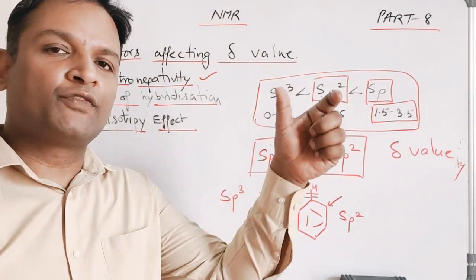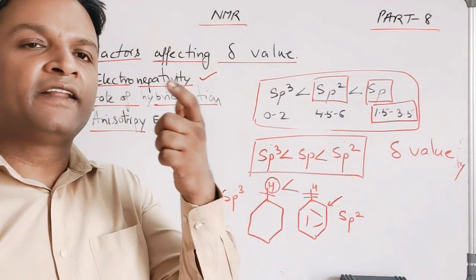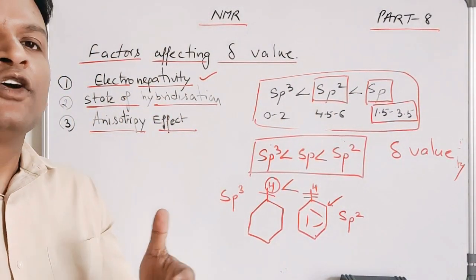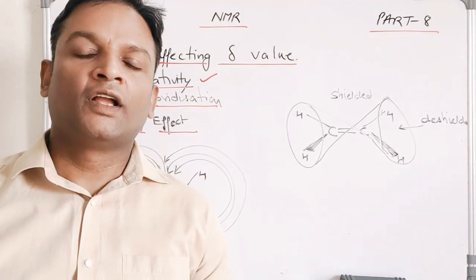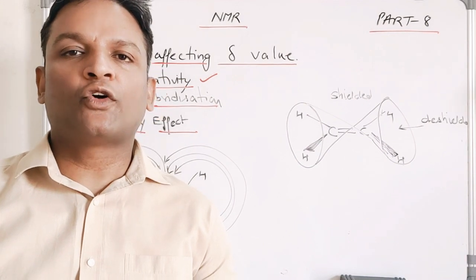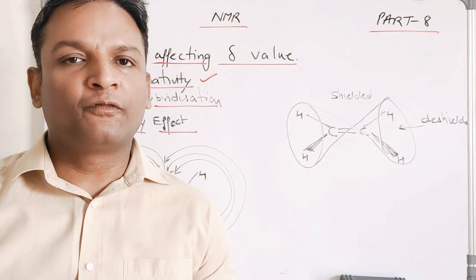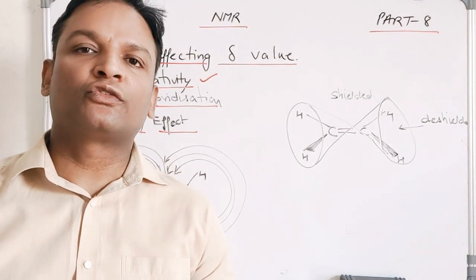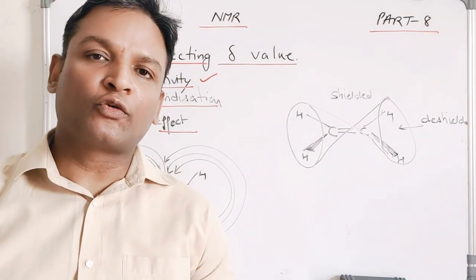But why it is showing a higher value can be explained not only by the state of hybridization. One factor is the state of hybridization which explains their order. The other factor is the anisotropic effect, which I will explain in just a few minutes. Anisotropic effect is observed in all those compounds which contain loosely held electrons, and loosely held electrons are pi electrons. So anisotropic effects are observed in compounds which contain pi electrons or pi bonds.